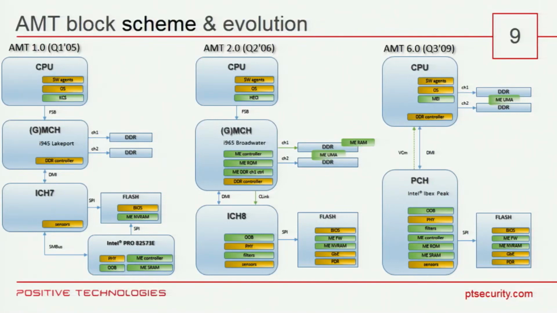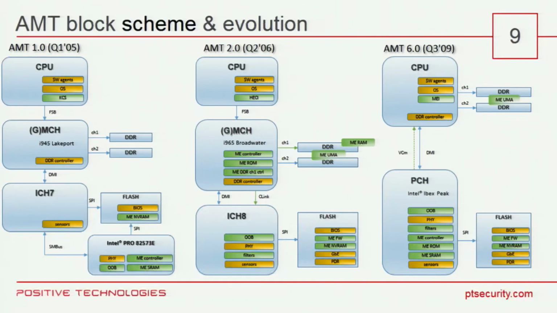That's what we call ME. The technology was designed as a non-mandatory one, which runs on a separate chip. It's not on the south bridge or north bridge, but on a dedicated chip, and on that chip there was an embedded network controller interface.